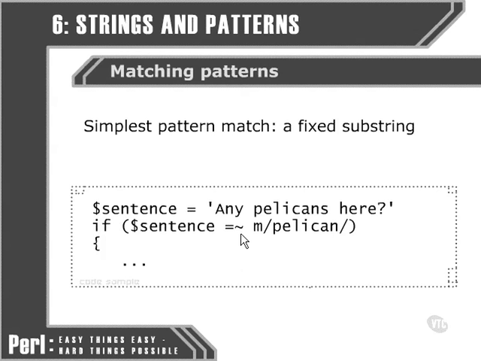And that's what we use when we're going to compare a larger string with a pattern of which we want to find instances. This matches operator here tells Perl to look to the right of it for the pattern which we're going to search for within the larger string.